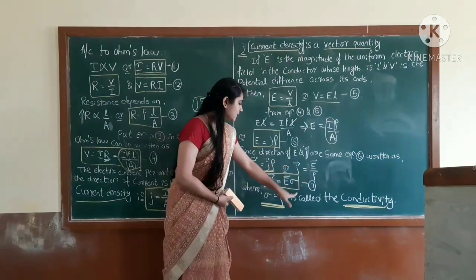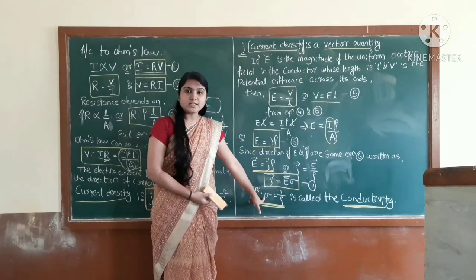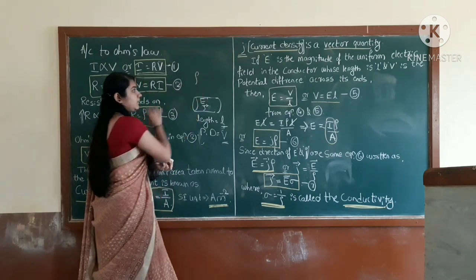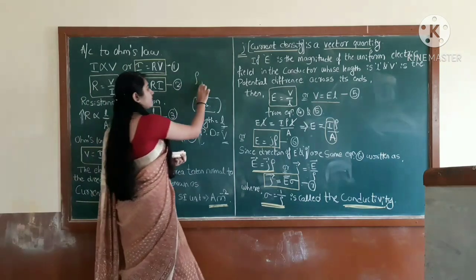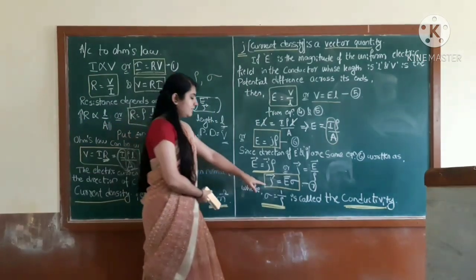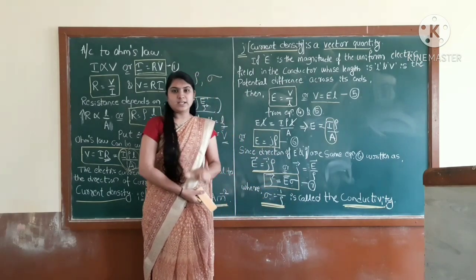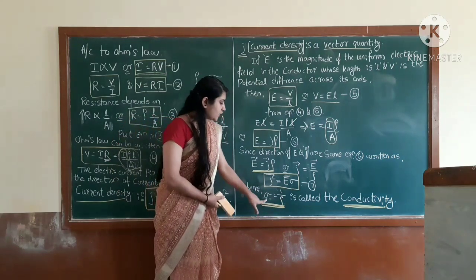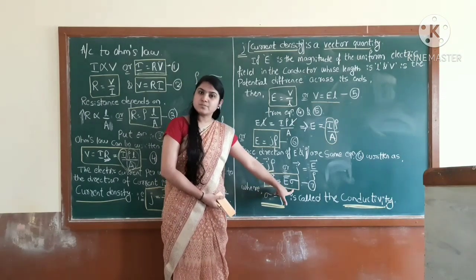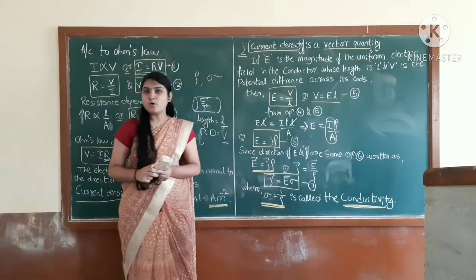See, 1 by rho is nothing but the conductivity; this is the resistivity and this is the conductivity. Sigma is equal to 1 by rho. By this equation, I wrote J is equal to E into conductivity. So this constitutes one more important formula for us.